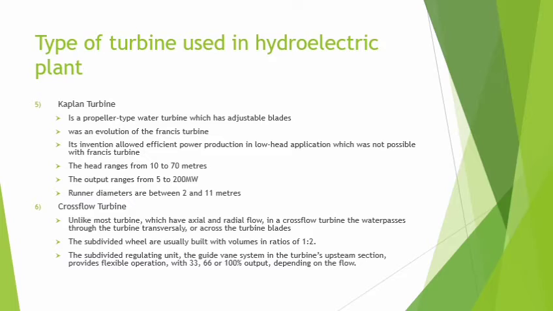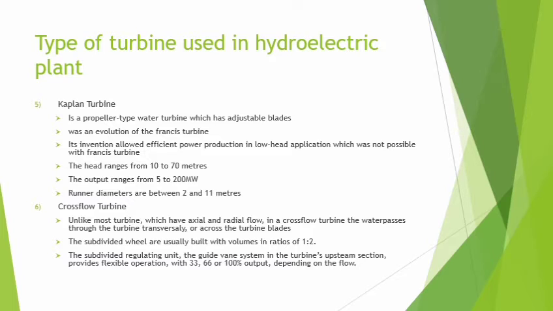Number 6. Cross-flow turbine. Unlike most turbines, which have axial and radial flow, in a cross-flow turbine the water passes through the turbine transversely, or across the turbine blade.